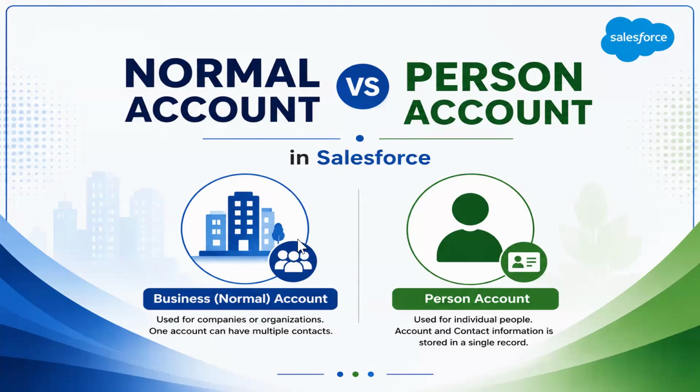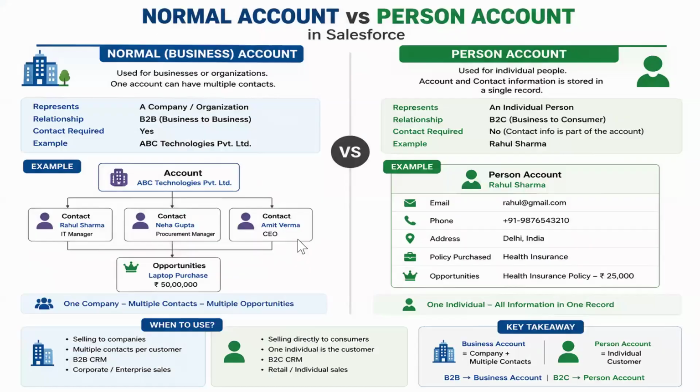So let's get started. First of all, let's understand what a person account is. A person account is a special type of account that combines both account and contact into a single record. Normally in Salesforce, we have a business account, let's say a company, and then we have the contacts, the people working for that company.